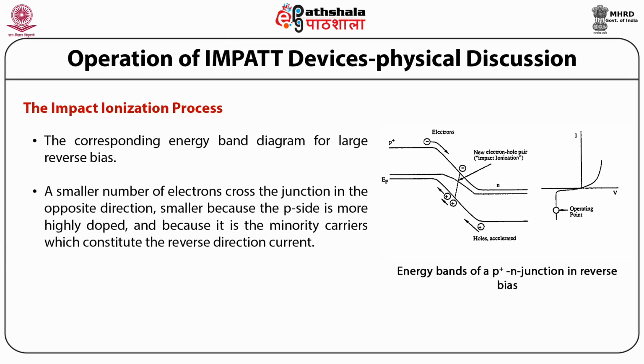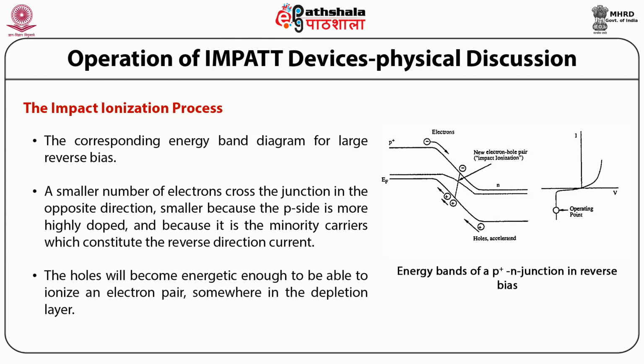Now here the number is smaller, because the p side is more highly doped and it is the minority carriers which constitute the reverse direction current. The holes will become energetic enough to be able to ionize an electron-hole pair somewhere in the depletion layer.